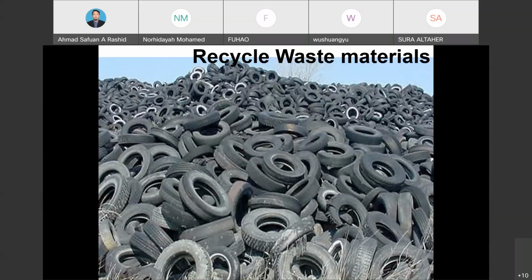Now a lot of studies use shredded tire to recycle this waste material, either on road or pavement constructions, or as a damper to minimize the effect from the earthquake.